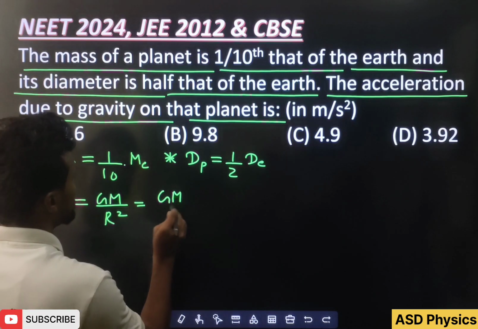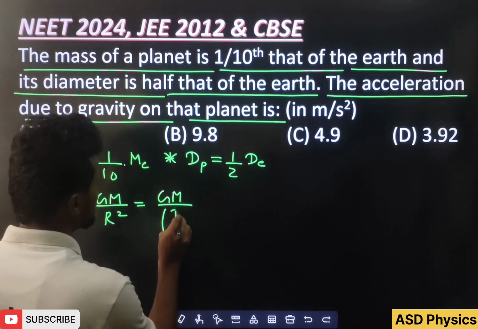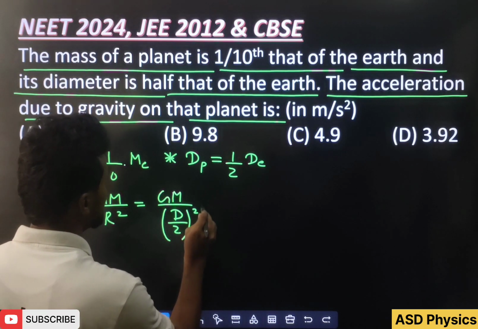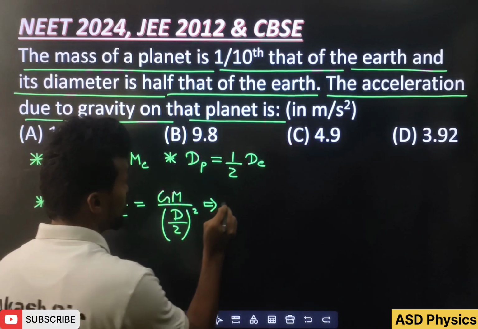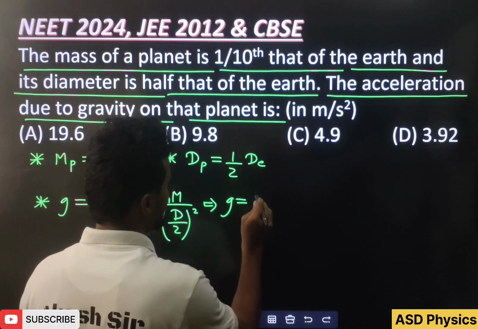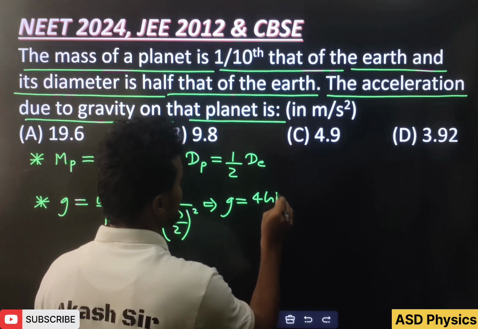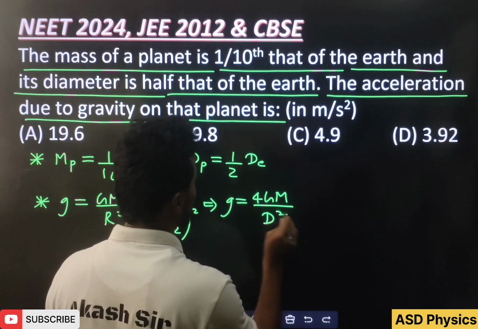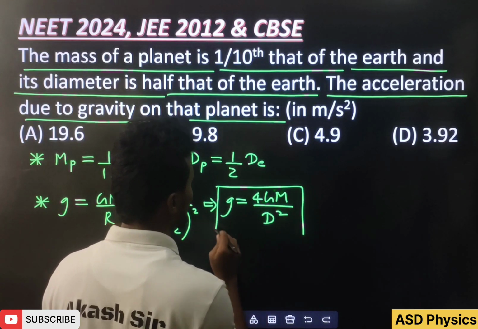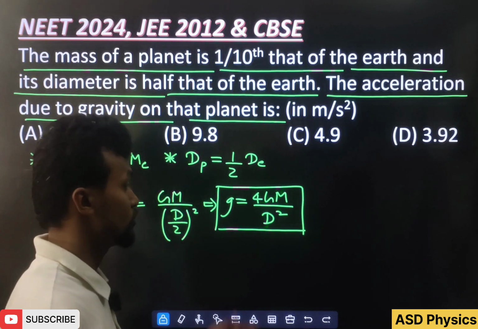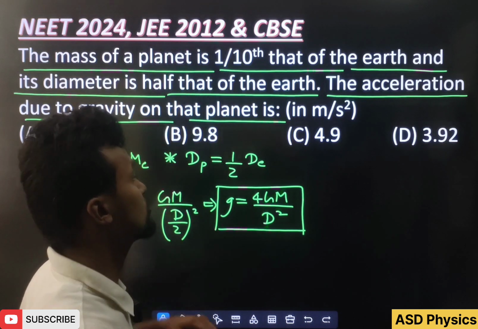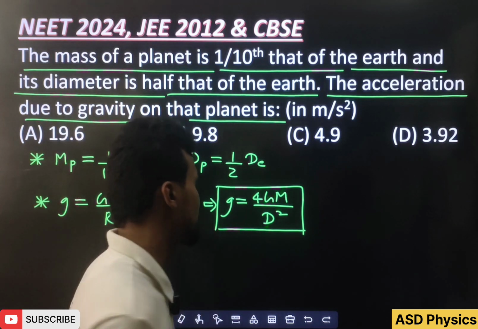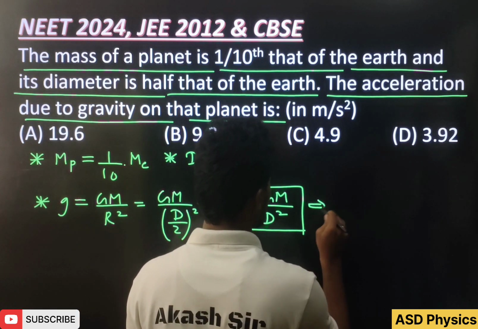But the radius is half of the diameter, so d by 2 whole square. So g equals 4 GM by d square, in terms of diameter. They asked this directly in JEE 2012. After that, let's see what other things are constant.